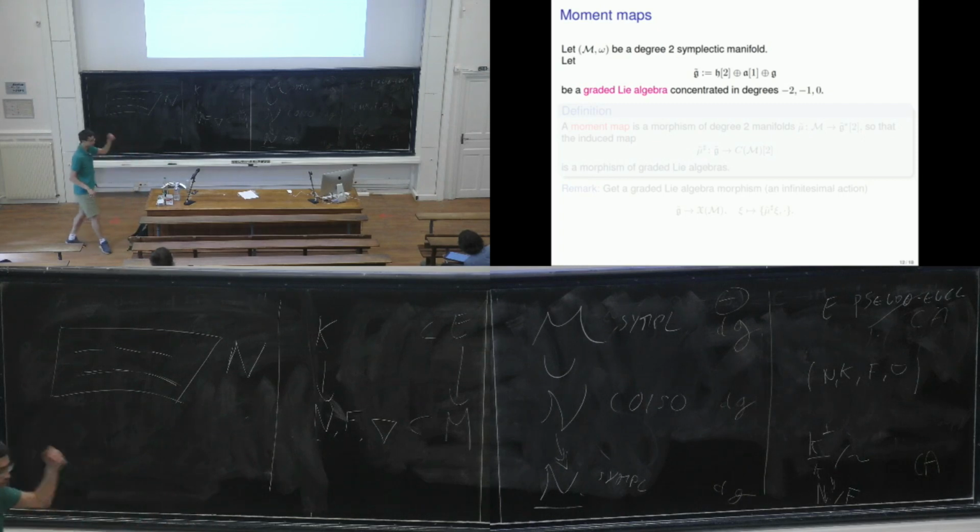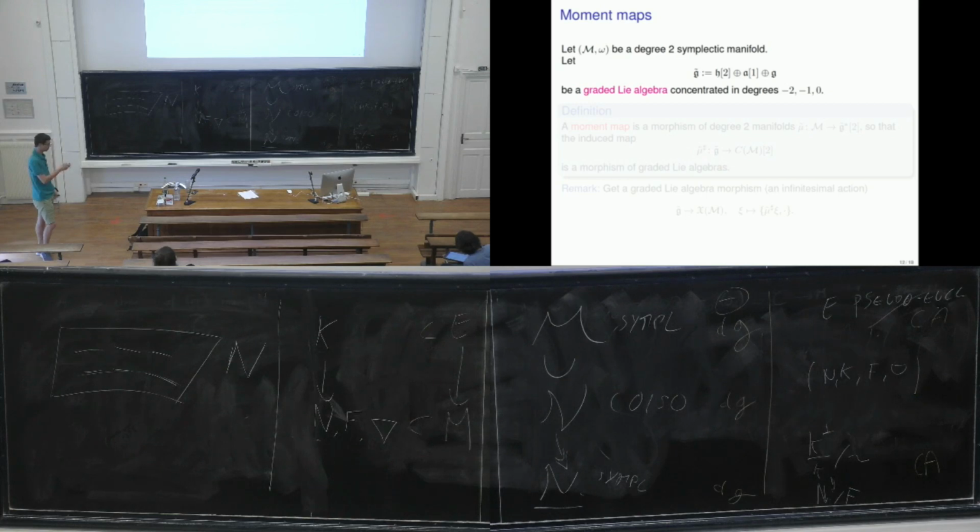Let's work infinitesimally, so no groups or things like that. Let's take a graded Lie algebra concentrated in degrees -2, -1, 0. The coordinates of M are in degrees 0, 1, 2. Hopefully this will make sense in a second.